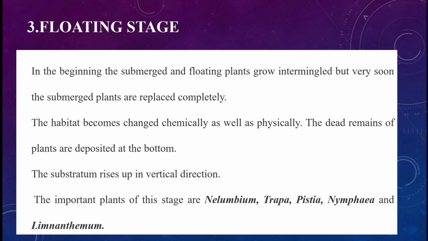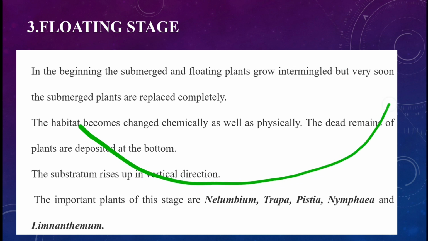The substratum rises in a vertical direction. The important plants of this stage are Nelumbium, Trapa, Pistia, Nymphaea, and Limnanthemum. Okay, so these are floating stage plants. So they float on the surface.